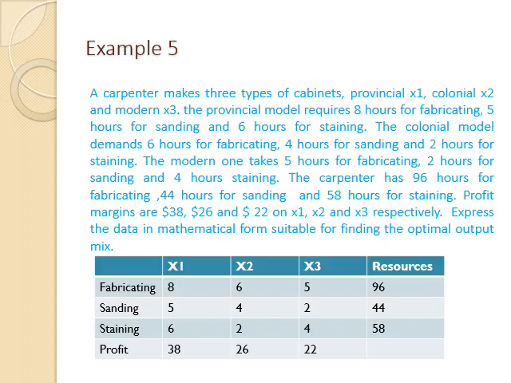Now, the available time for producing a certain quantity of X1, X2, and X3 at the first stage, or the stage of fabrication, is 96 hours. The total time for sanding is 44 hours, and the total time for staining is 58 hours.